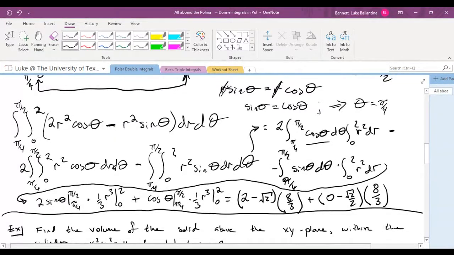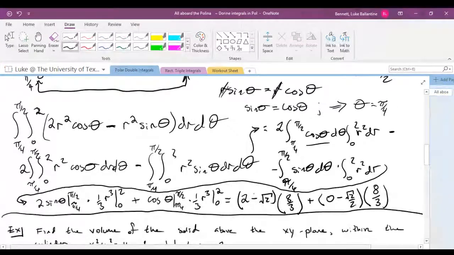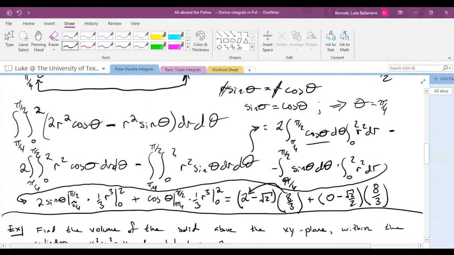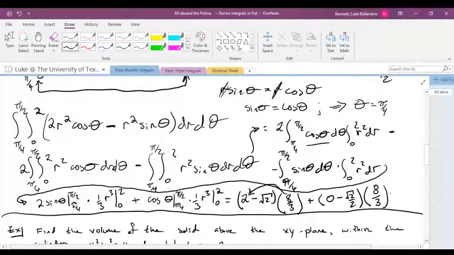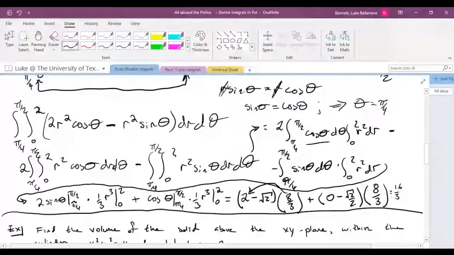So what do we get? We have 8 over 3 times 2 is 16 over 3. Then we have 8 over 3 minus times negative root 2, so that's going to be another one of those. Oh wait, that's different, that's over 2.